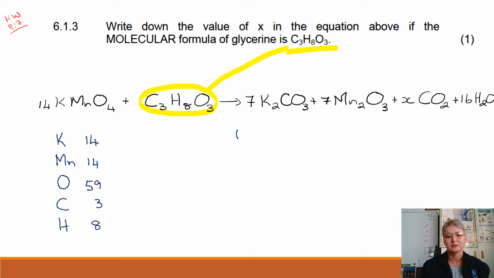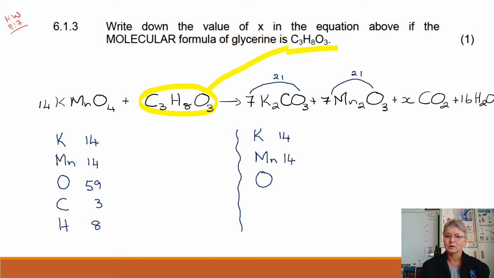Then we go to the right-hand side of the arrow, the product side. For potassiums, we've got 2 times 7, that is 14, so they are balanced. For manganese, we've got 14. Those atoms are balanced. For oxygen, we've got 21 from here, and here we've got another 21.